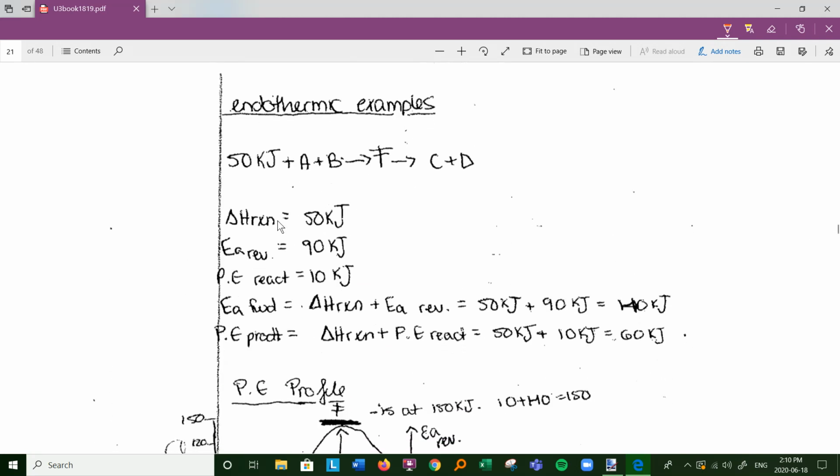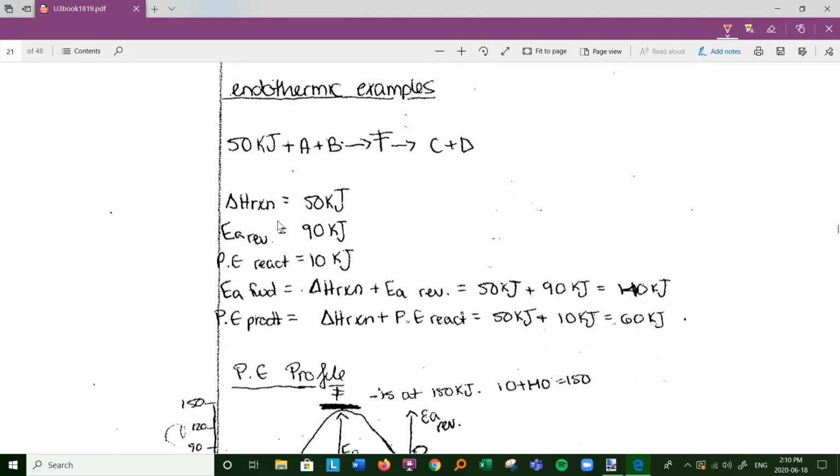Okay, let's look at an endothermic example here. We've got A plus B goes to the activated complex, goes to C plus D, with 50 kilojoules on the left-hand side, so delta H is positive 50 kilojoules. EA reverse is given as 90. Here we're going to give you a case, for reasons that I've never seen a good explanation why, where potential energy starts not at 0.